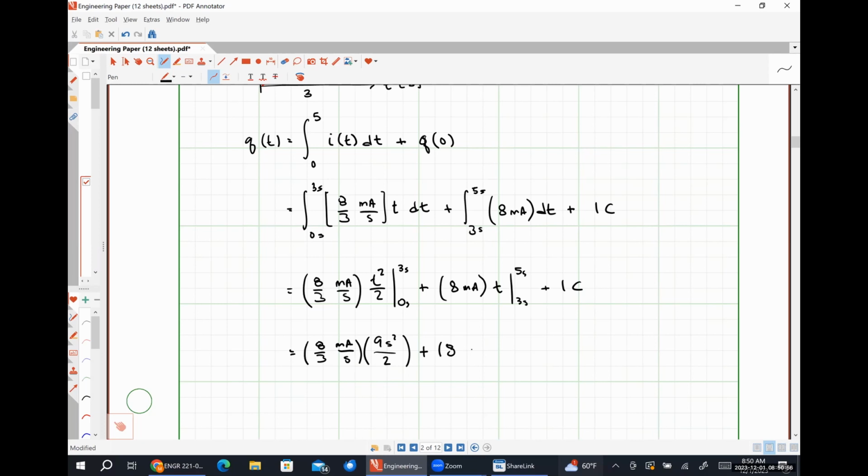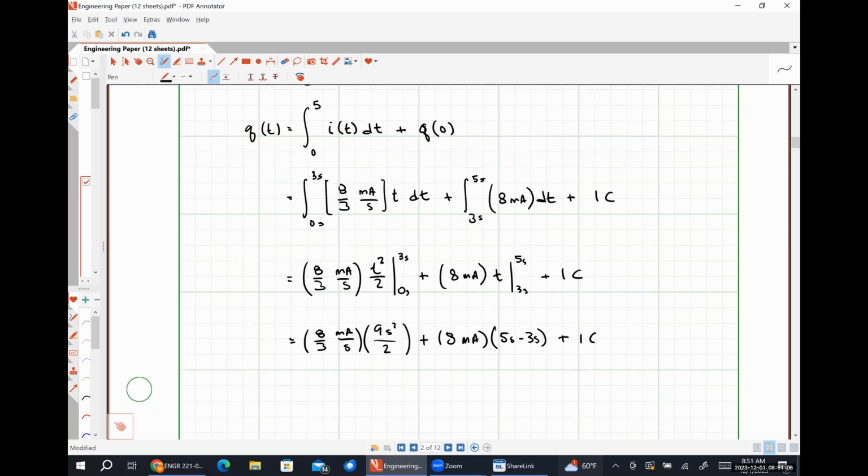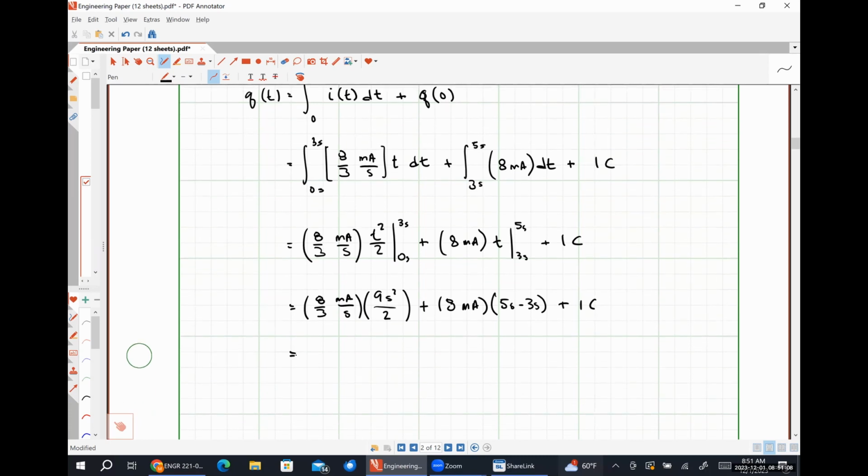Plus 8 milliamps times 5 seconds minus 3 seconds plus 1 coulomb. So let's see here. So 8 times 9 is 72. 3 times 2 is 6. I feel like 72 is divisible by 6. Is that 12? 12. All right, so 12.